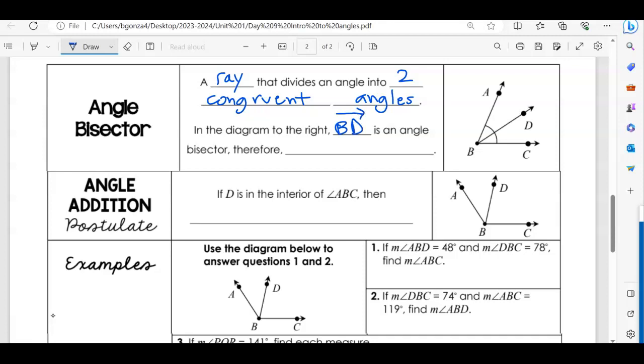Cool. So if it's a bisector, that means those two parts are now going to be congruent. So here's how you would write that. Angle ABD. Y'all see that? ABD, the top half, is congruent to the bottom half, DBC.